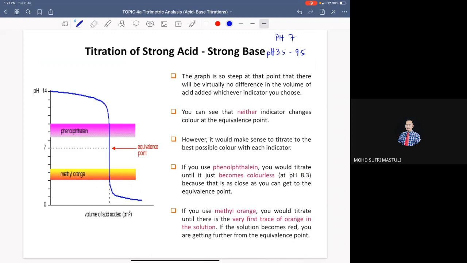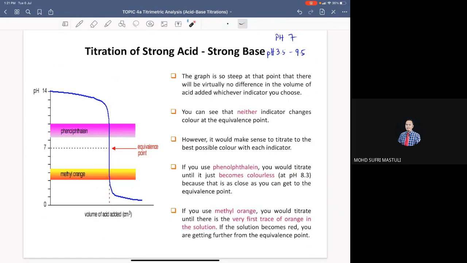The graph is so steep that there is no difference in the volume of acid added, whichever indicator you choose. Over that range of pH, the volume is similar. So this is the character of the titration curve for strong acid, strong base.